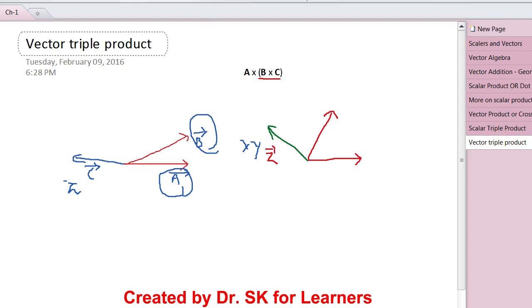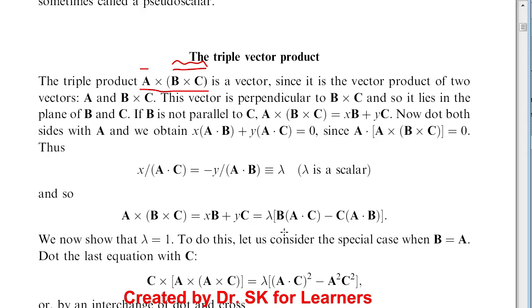And now there is another vector called A. This is A. So when you multiply the Z axis item with A, which is either in X or in Y, you will again get a vector which is in the same plane as B and C. So that is what they have discussed here.